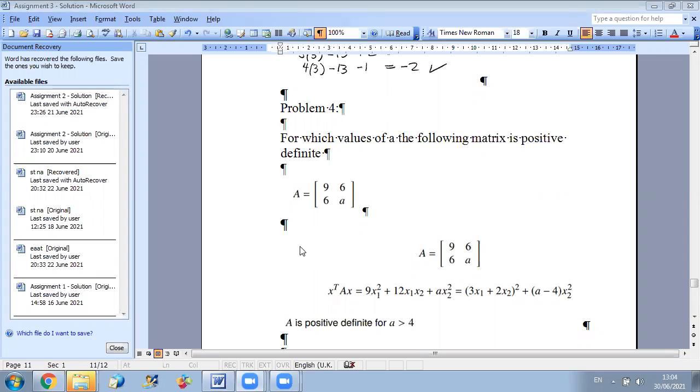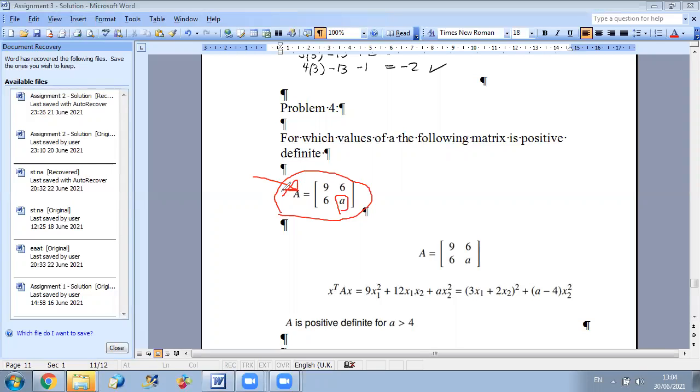So now let us move to problem 4. For which values of a is the following matrix positive definite? So now we want to demonstrate that A is positive definite. We want to find values for small a such that A is a positive definite matrix.